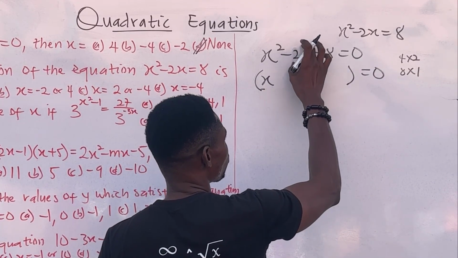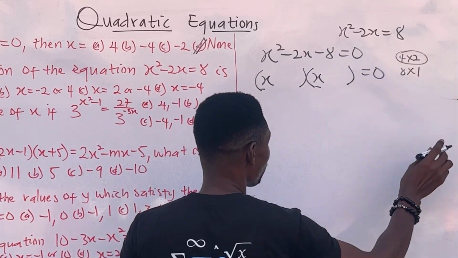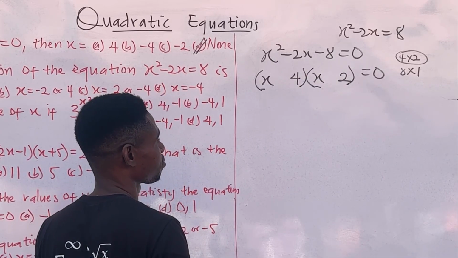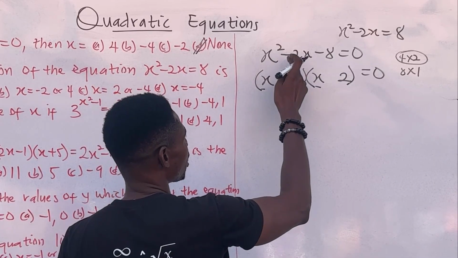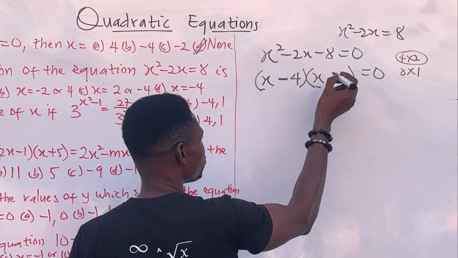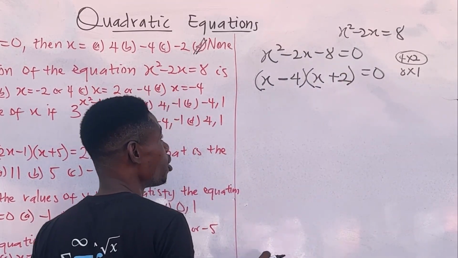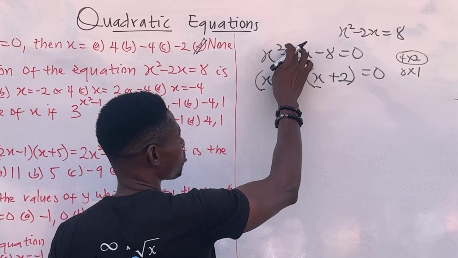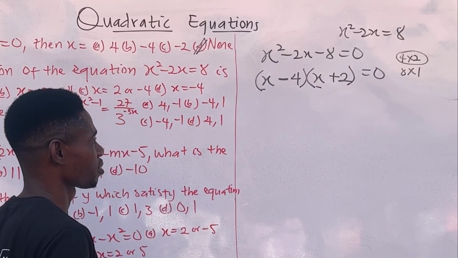But you need a difference of 2. So this can give us a difference of 2, obviously. So we'll have 4 and 2. Now because we have a negative 2 here, the bigger one will take negative, the smaller one will take positive. So the bigger one will take any sign that is here. So this 4 will just take minus.